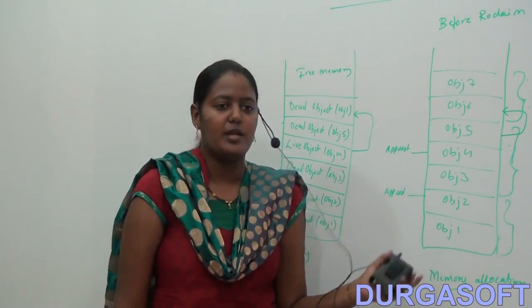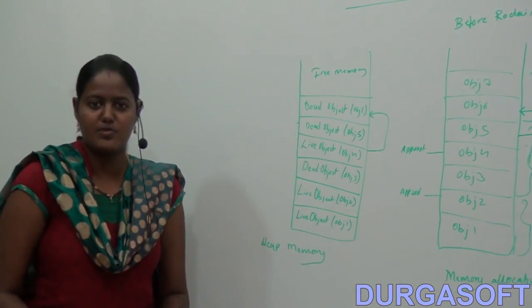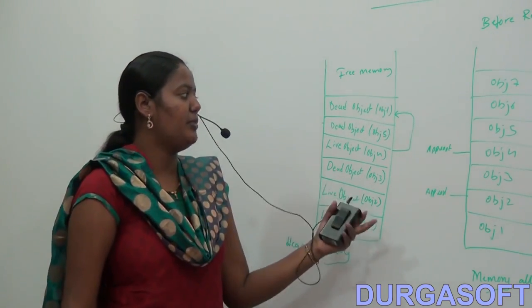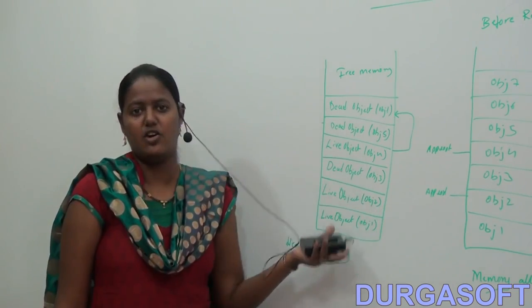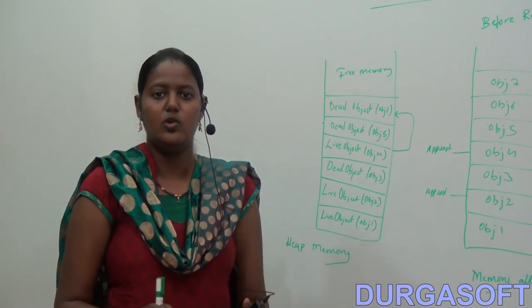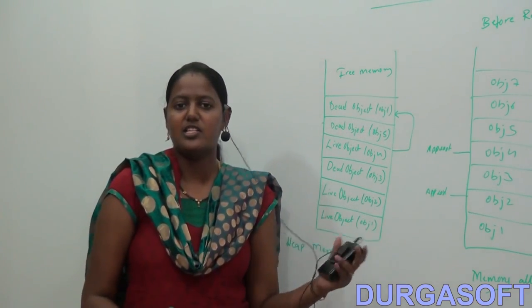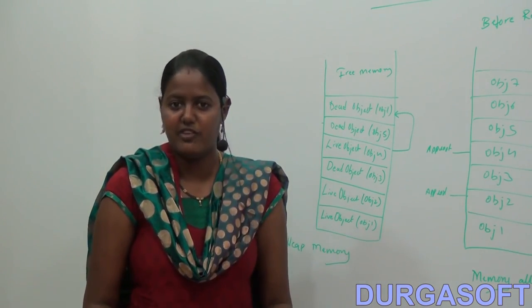The automatic memory management is performed on the heap memory. In the heap memory you have live objects and dead objects. If a newly created object comes in to be allocated and there is space, there is no problem, and the allocation is done very fast.